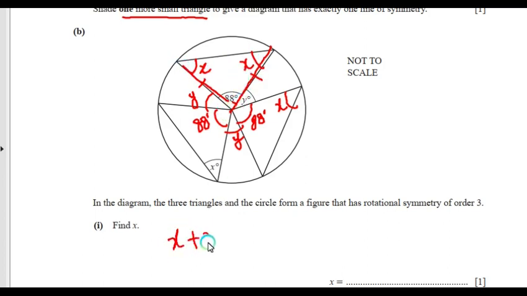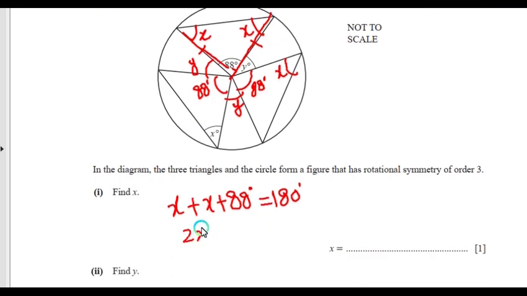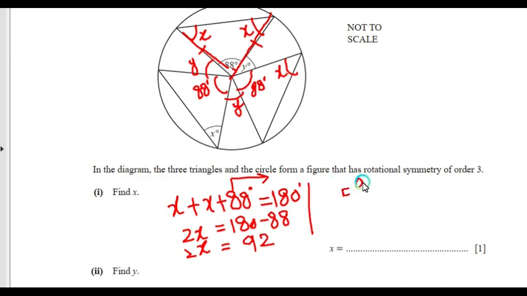Equal because they are radii of the circle. So we have a triangle which is an isosceles triangle because the two lengths are equal. So that's why this must be x as well, right? The two equal angles of an isosceles triangle. So now we can use this triangle to find the value of x. So x plus x plus 88 will be equal to 180 degrees, right?